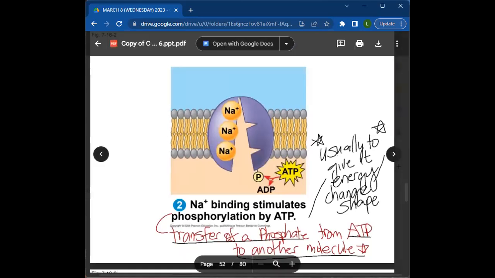And then the ATP, when it's being used, the phosphate on the protein is going to break off of the ATP, and it's actually going to be attached to the protein. And that process of transferring a phosphate from one substance to another is called phosphorylation.